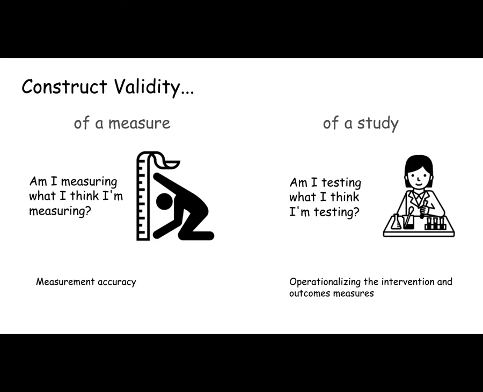We've talked about construct validity of a measure as well. With construct validity of a measure, we're looking specifically at, am I measuring what I think I'm measuring? When we talk about construct validity of a study, it's, am I testing what I think I'm testing?